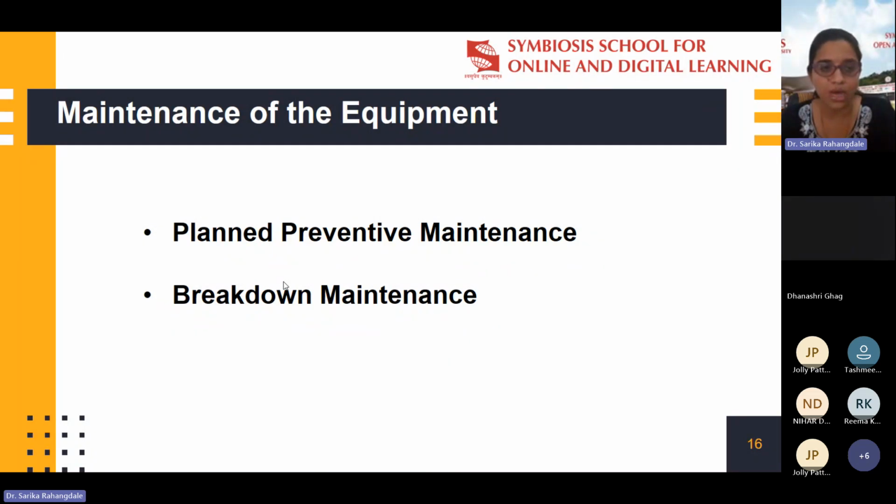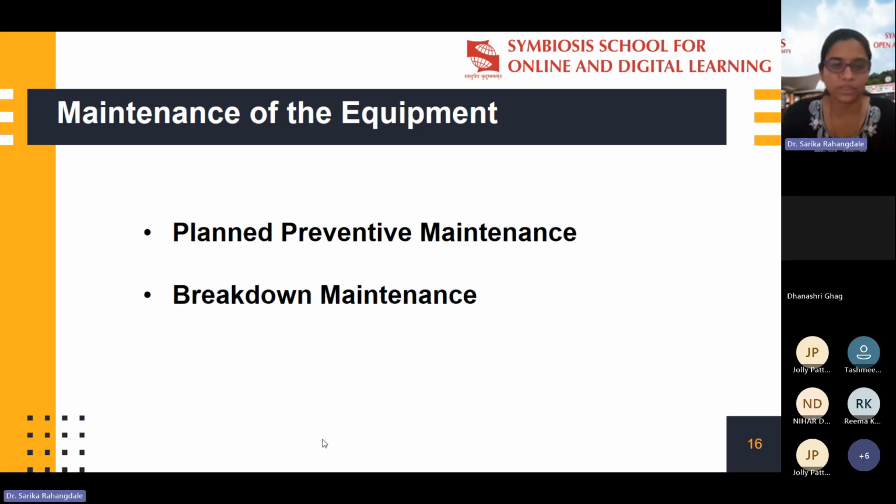You should ask about planned maintenance and breakdown maintenance, and request them to show the audit register or maintenance register, to see how they maintain these records.